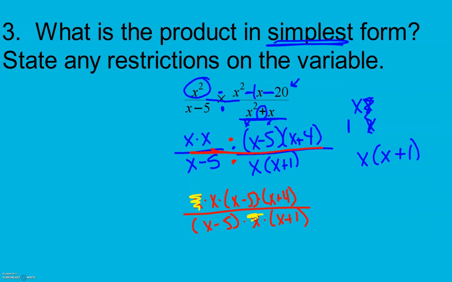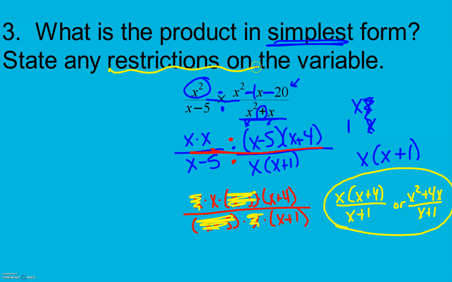Anything divided by itself is just 1. So, in my numerator I have x times x plus 4. In my denominator I just have x plus 1. Or you can multiply your numerator and get x squared plus 4x over x plus 1.